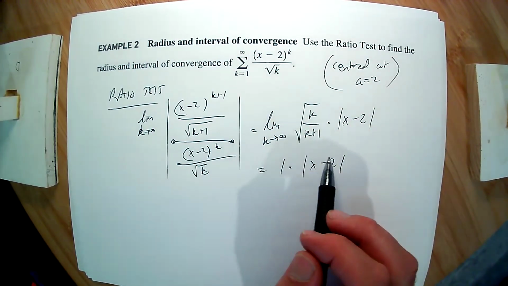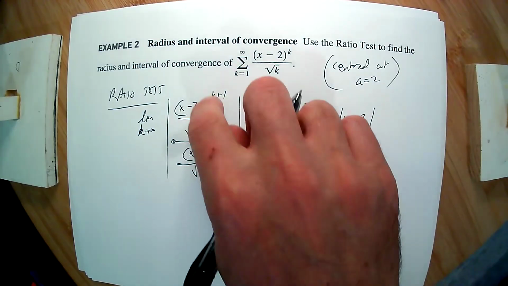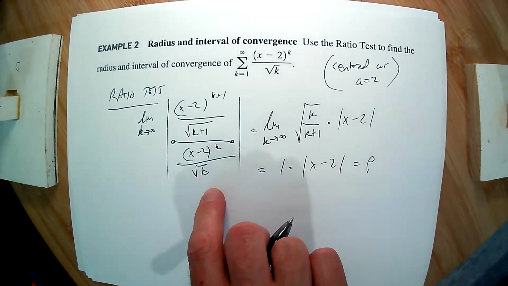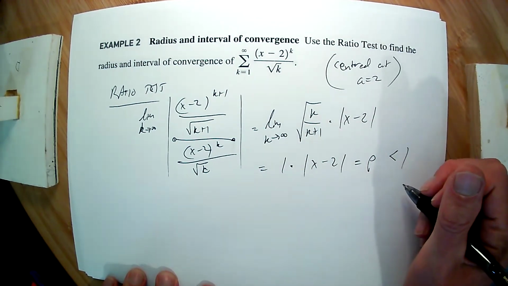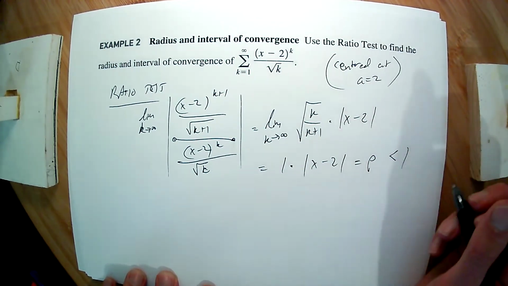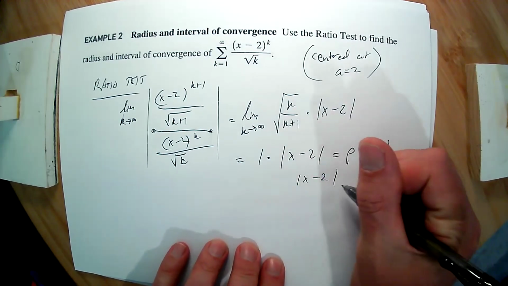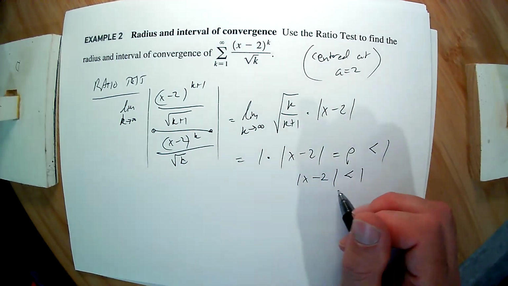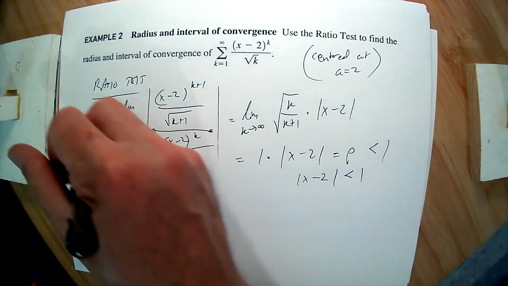And that's our rho value that we get when we compute the limit of the ratio, okay? Remember, this thing converges when rho is less than 1 in size. It converges absolutely, okay? So basically, this converges absolutely for absolute value x minus 2 less than 1.